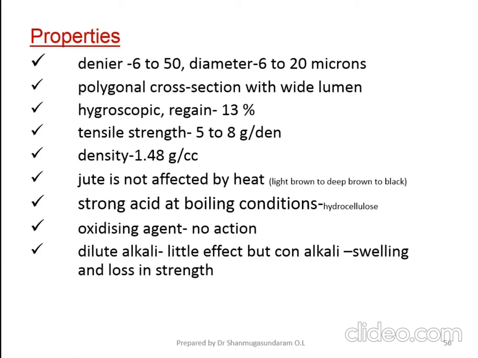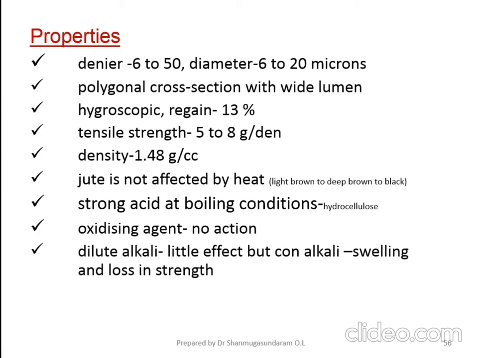What it shows is that the flax fiber absorbs more moisture than cotton fiber. Then coming to the tensile strength, it is 5 to 8 grams per denier.